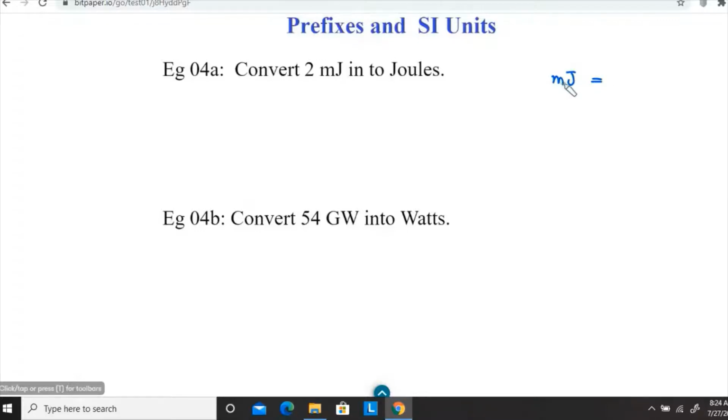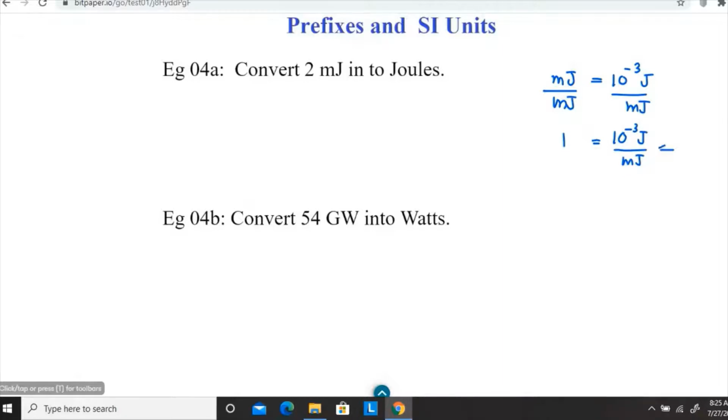So I know the milli prefix stands for 10 to the power minus 3 joules. So then what I'm going to do here is divide the entire equation by millijoules on both sides. And then on the left hand side, I'll end up with 1 equals 10 to the power minus 3 joules divided by millijoules.